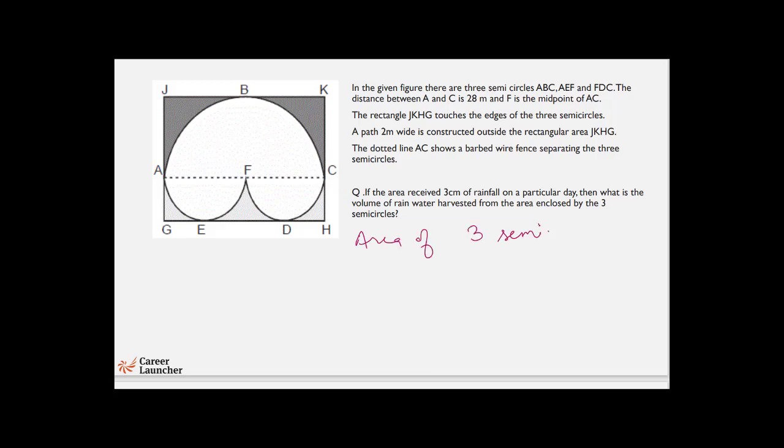Now the area of a circle is pi r square. So the area of a semicircle would be pi r square by 2. So that would be twice the area of a semicircle plus the area of the bigger semicircle.